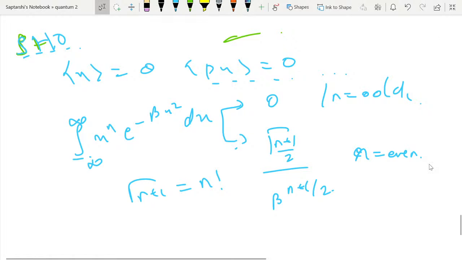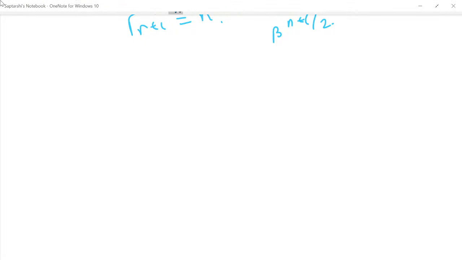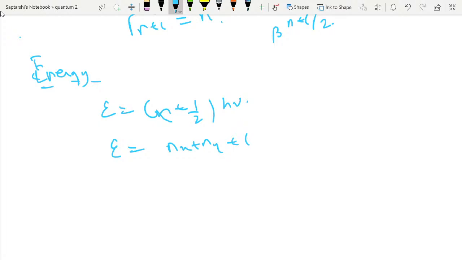Now we come to the energy of SHO. For a one dimensional SHO, energy is equal to n plus half times h nu. For a two dimensional SHO, E is equal to nx plus ny plus 1, as half plus half is 1, into h nu.